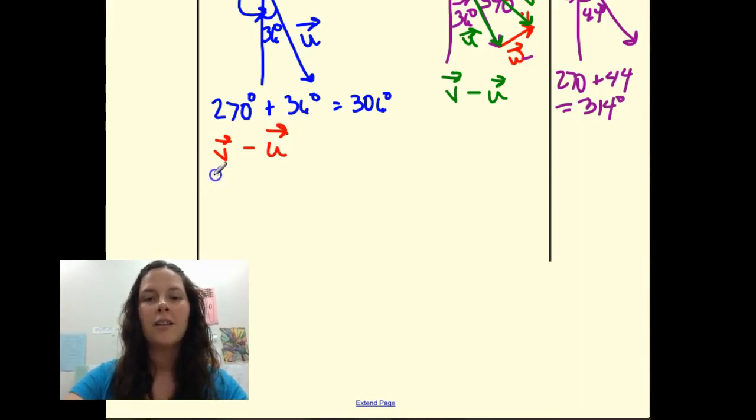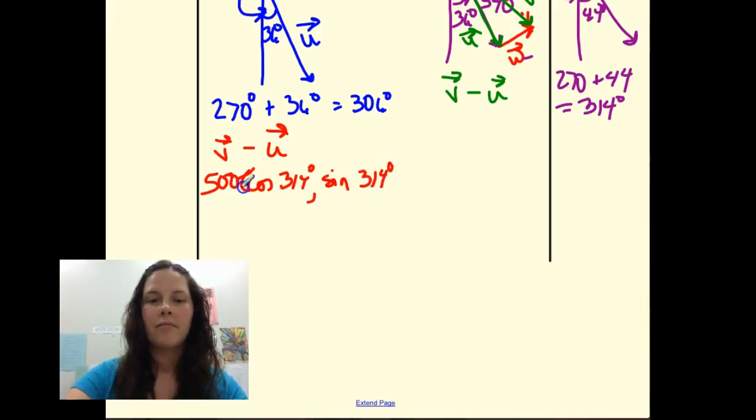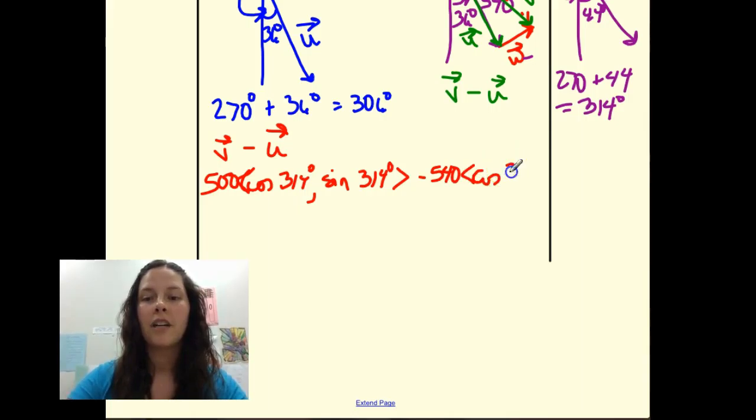Our v vector had the magnitude of 500 and an angle of 314 degrees. And then we're subtracting our u vector, which had a magnitude of 540 and an angle of 306.